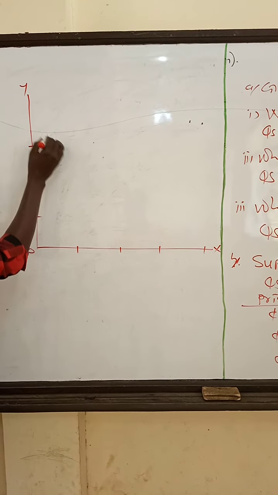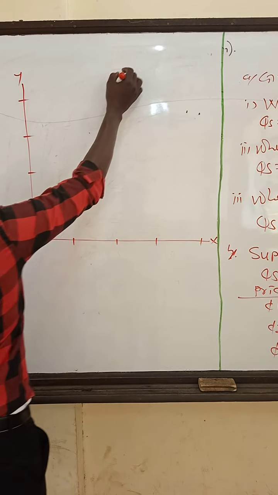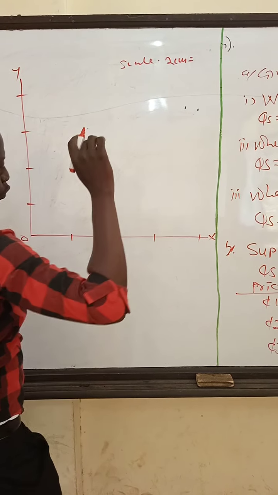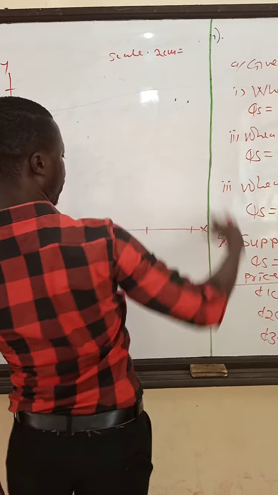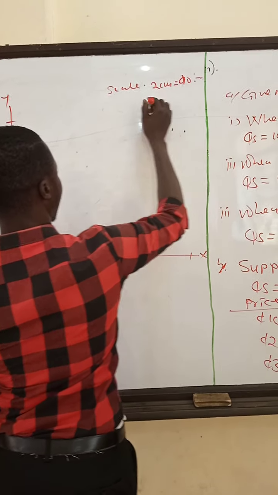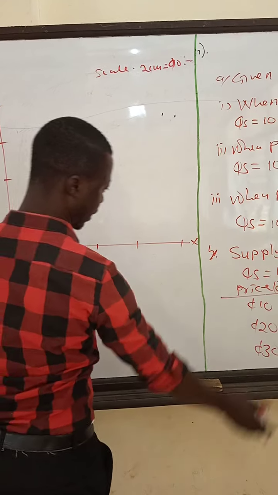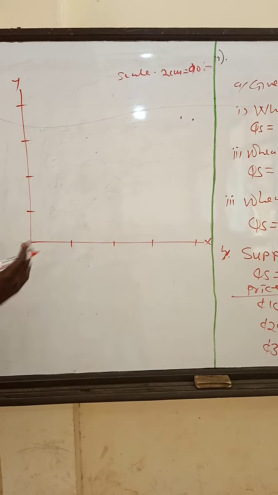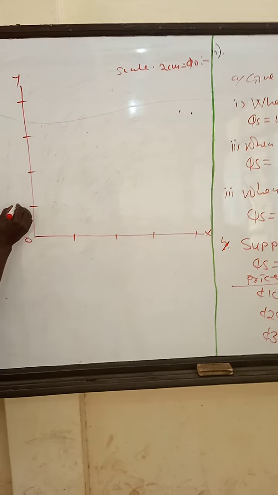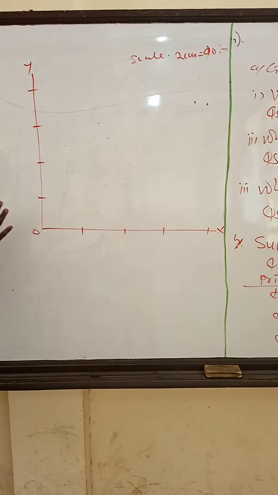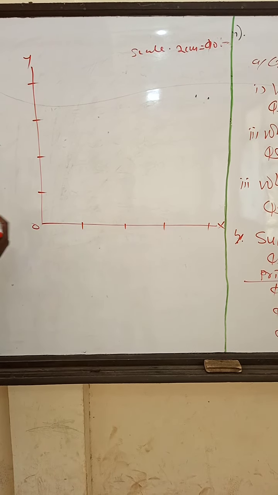So I have my scale: 2 centimeters equals 10 cedis for the price. And then for the quantity, I'll just use 30, 60, 80. I'm just going to sketch it. I'll take time and then draw one on a graph sheet in my last episode.